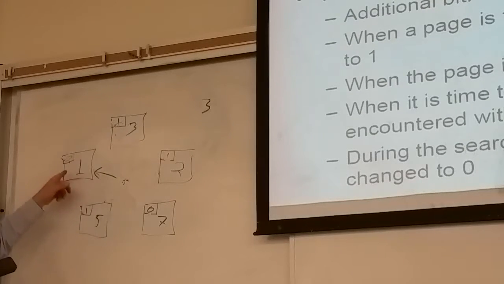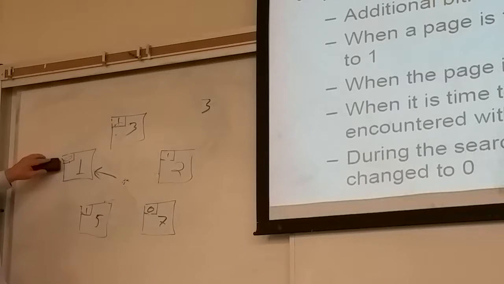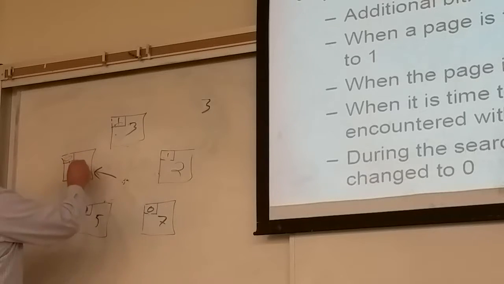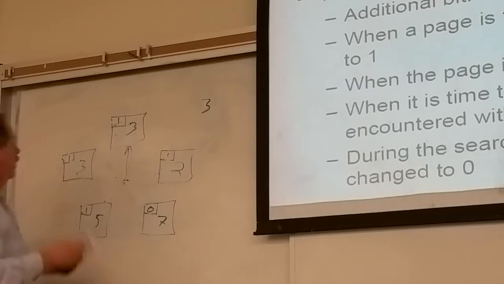Right? I searched. We put 3 in here. Use bit was 0, so I kick 1 out. I put 3 in. I set its use bit to 1. I increment the pointer. Oh, I am now done. 3 is there. Everybody's happy.